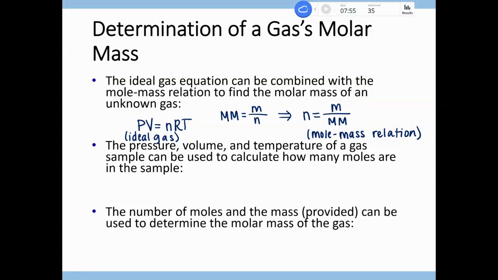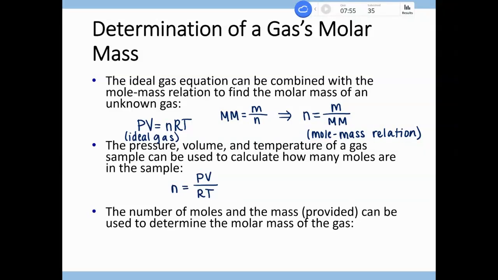Okay, so pressure, volume, and temperature of a gas can be used to calculate how many moles are in the sample. This is just rearranging the ideal gas law, where n is equal to PV over RT. So we've just divided both sides by gas constant times temperature to have n on its own.